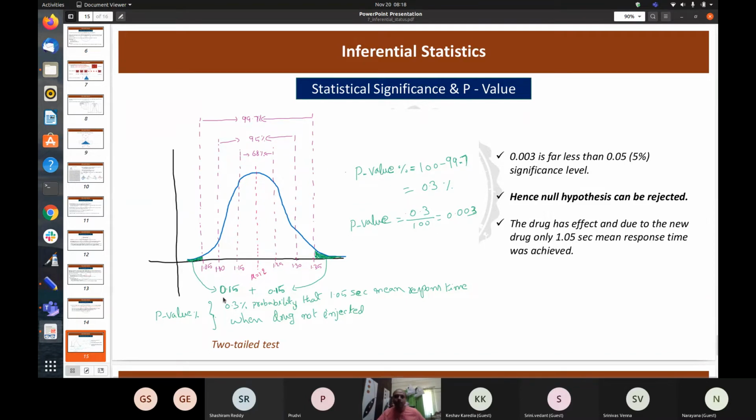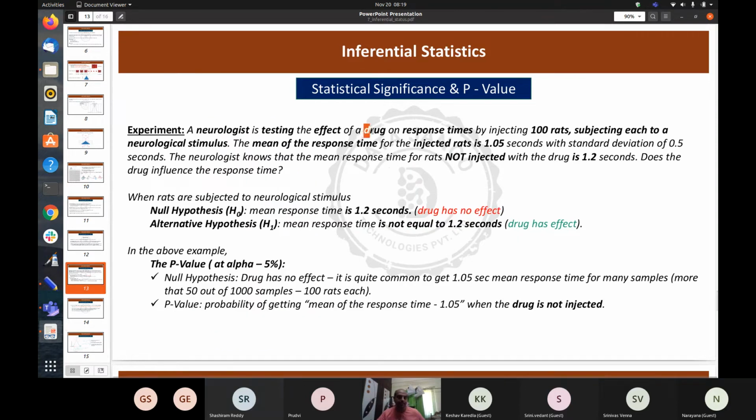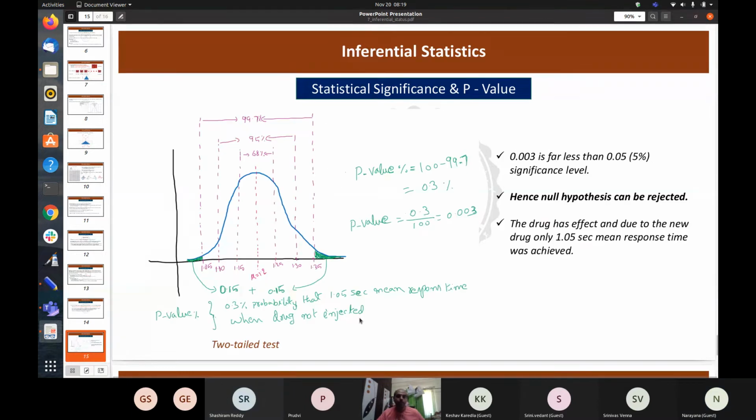When I say 0.15%, it's going to be 0.15 by 100, which is 0.0015. 0.0015 is the p-value of this statistical significance test for the drug. That is less than the alpha. Alpha is 0.005.